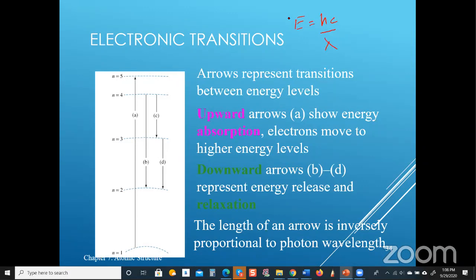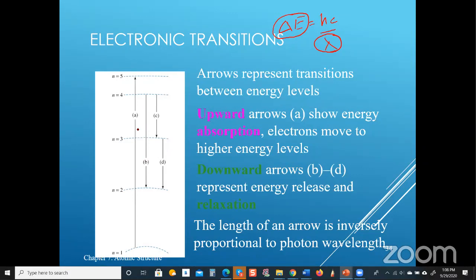So the delta E, which is the energy gap between two orbits, will be inversely proportional to the wavelength. The larger the energy gap, the smaller the wavelength that is produced if the radiation is produced as a result of falling from a higher orbit to a lower orbit.